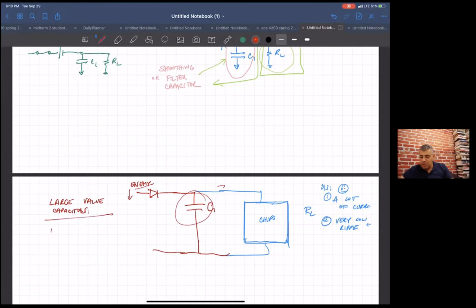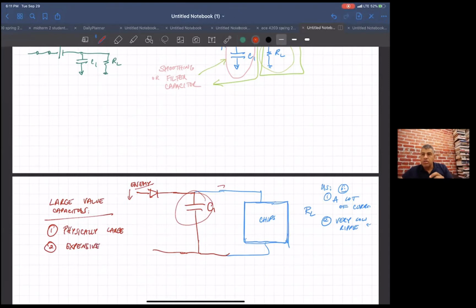But maybe we should. So one, large value capacitors are physically large. And two, they are expensive. So the question is, what do any of these things mean?